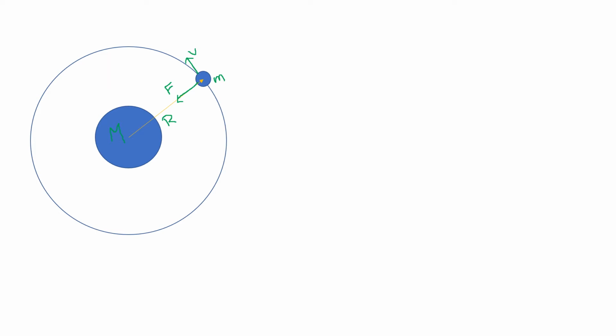So we can say that the centripetal force F, which is mv squared over the radius R, is equal to the gravitational force, which is the gravitational constant times the big mass times the small mass over the radius of orbit squared.